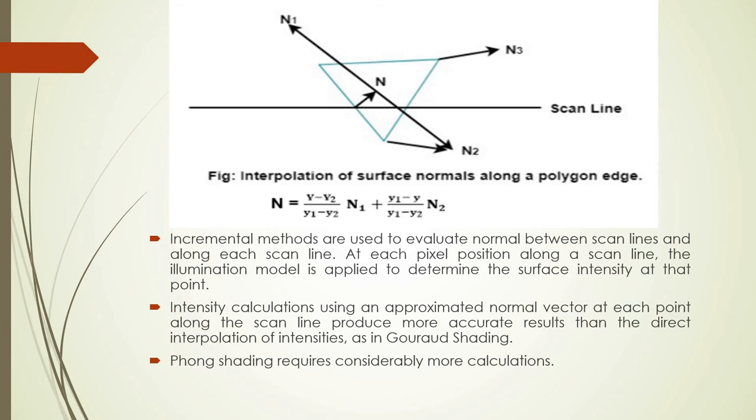Now we will see how we calculate the Phong shading normal vector. First we have to obtain a scan line.